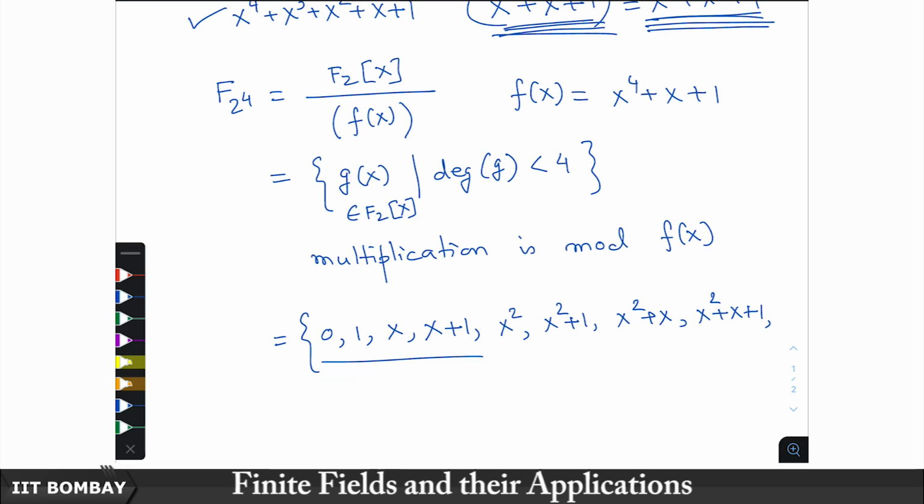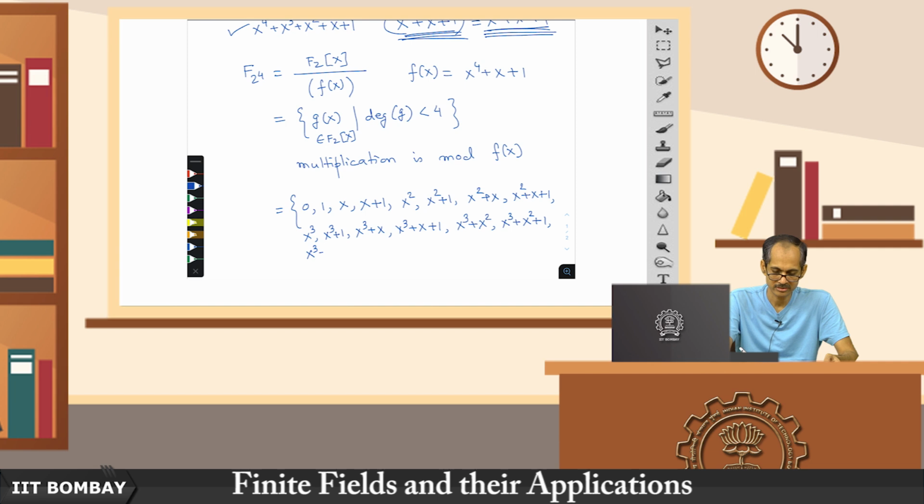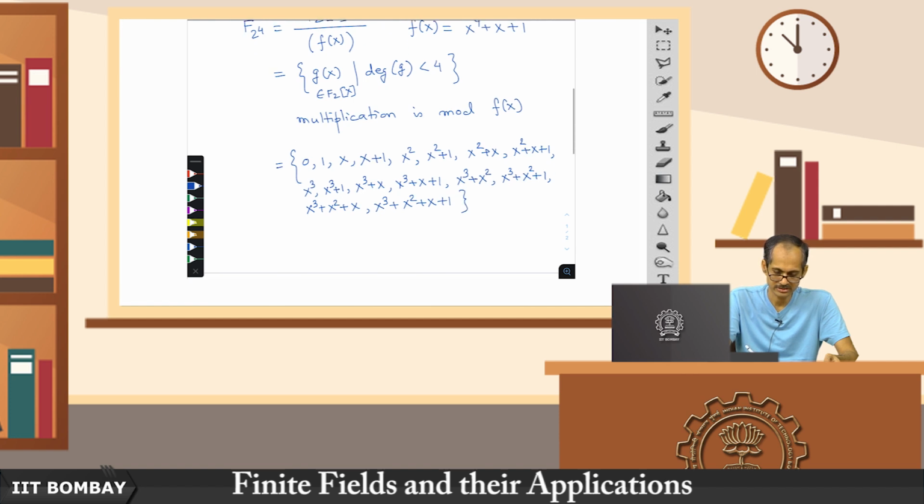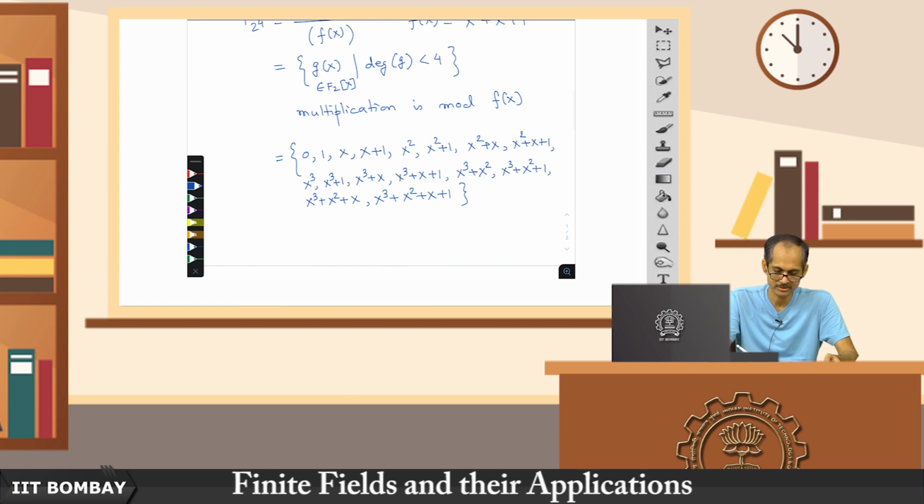And with x^3, we can add each of the previous elements, and we get x^3 + 0, x^3 + 1, x^3 + x, x^3 + x + 1, x^3 + x^2, x^3 + x^2 + 1, x^3 + x^2 + x, x^3 + x^2 + x + 1.